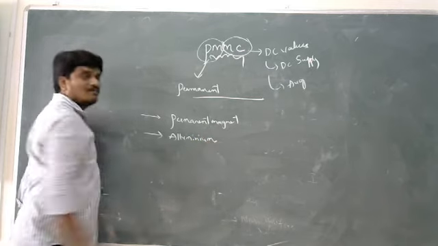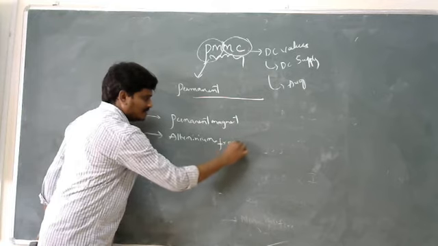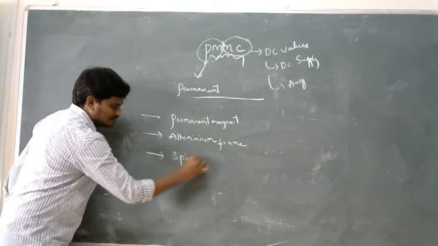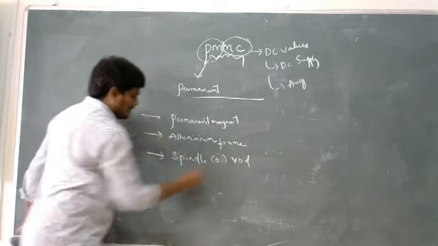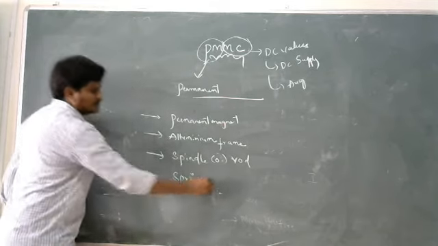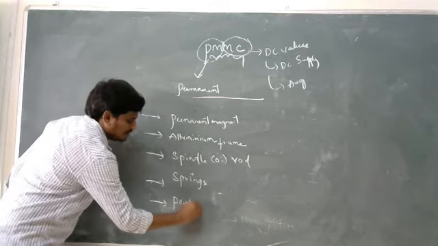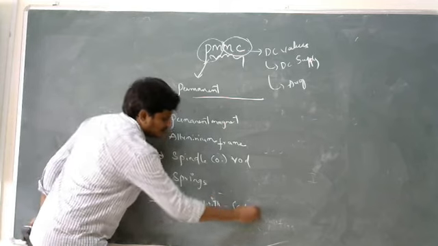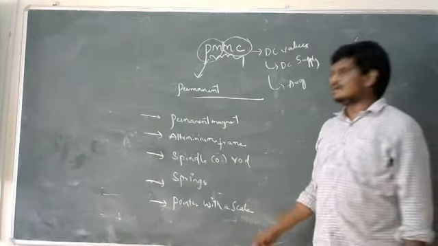The constructional parts are: permanent magnet, aluminium frame, spindle or rod, springs, and pointer with a scale, the pointer attached to a scale. These are all the major constructional parts of a PMMC instrument.